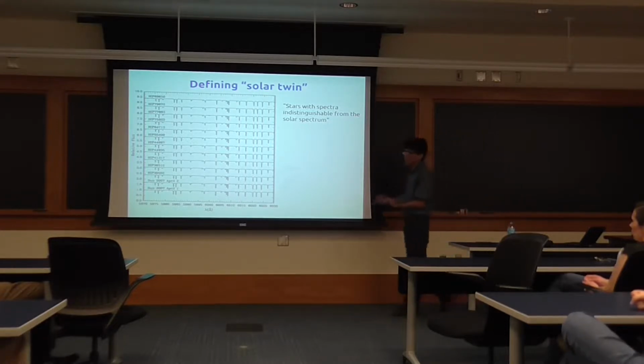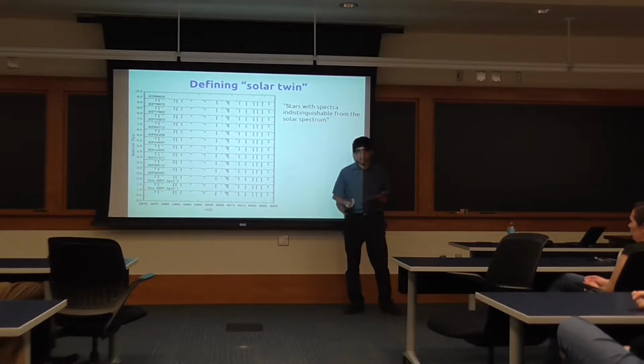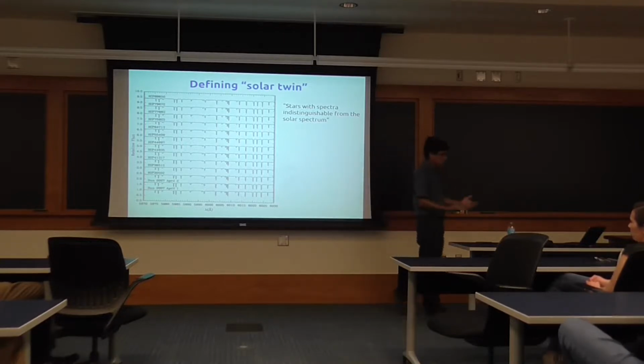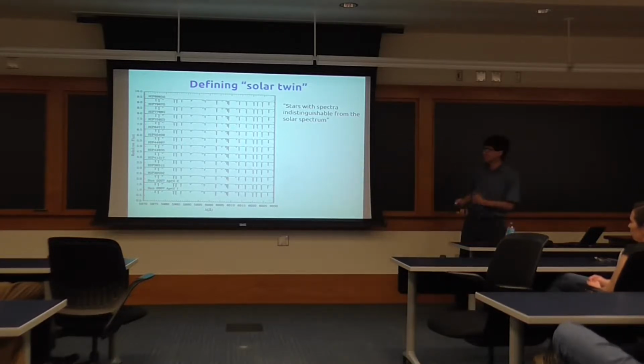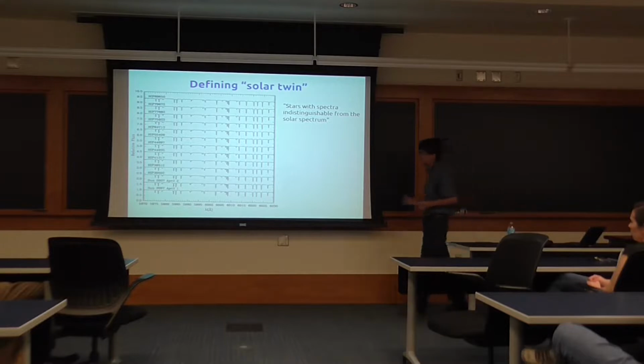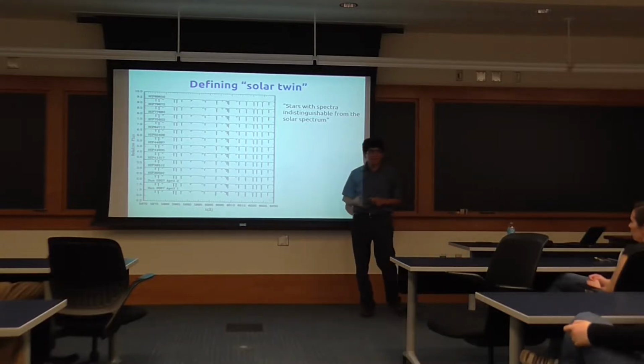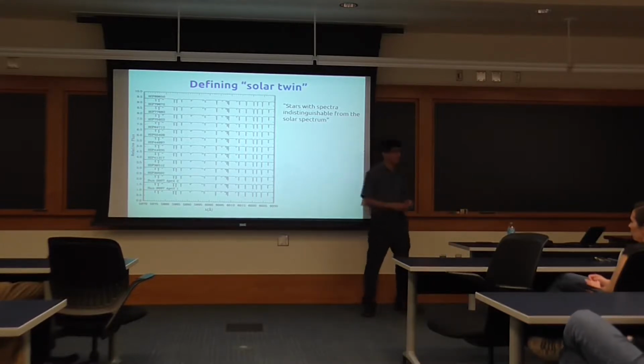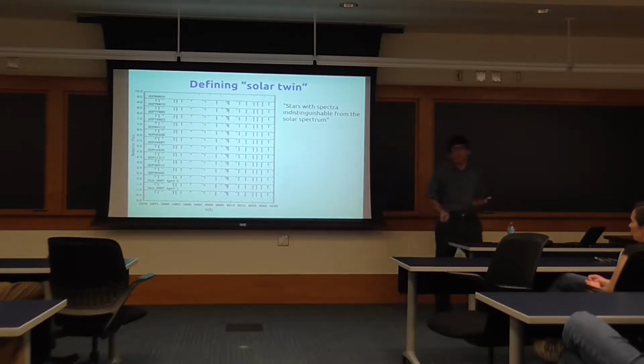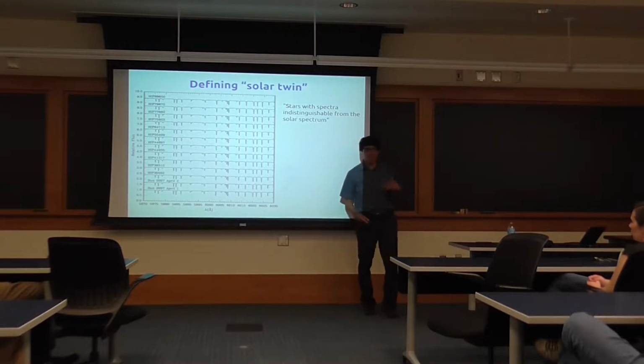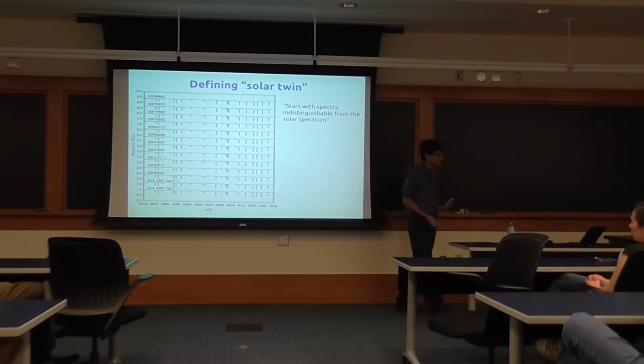Once you start to look into the details, though, you will eventually find a difference. And even the most similar spectrum to the sun, you just need to get better quality data, and then you're eventually going to find some difference. So trying to define a solar twin as a star which is identical to the sun is really not very useful in any way, for us at least.